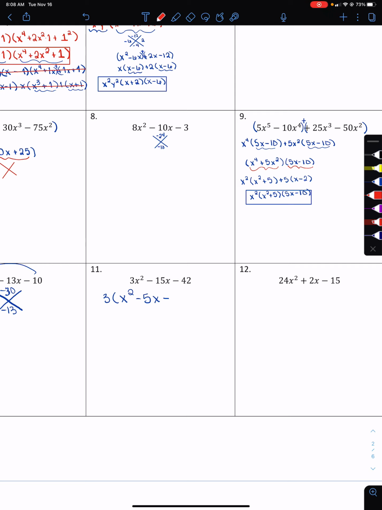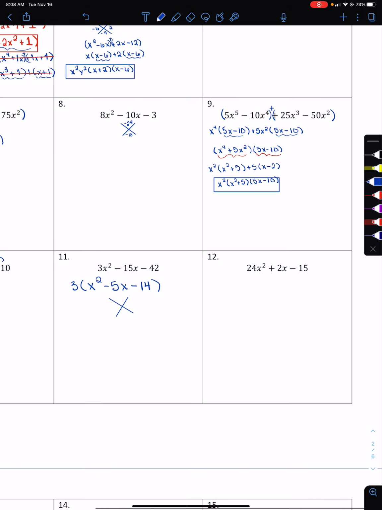All right, so then looking at that one, see if you can find two values that multiply to negative 14 and add to negative 5. Okay. Same thing on number 24.